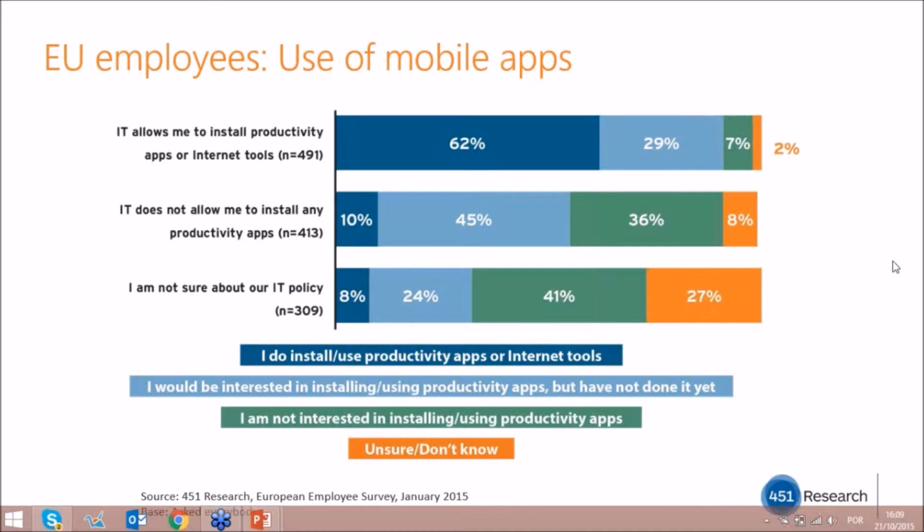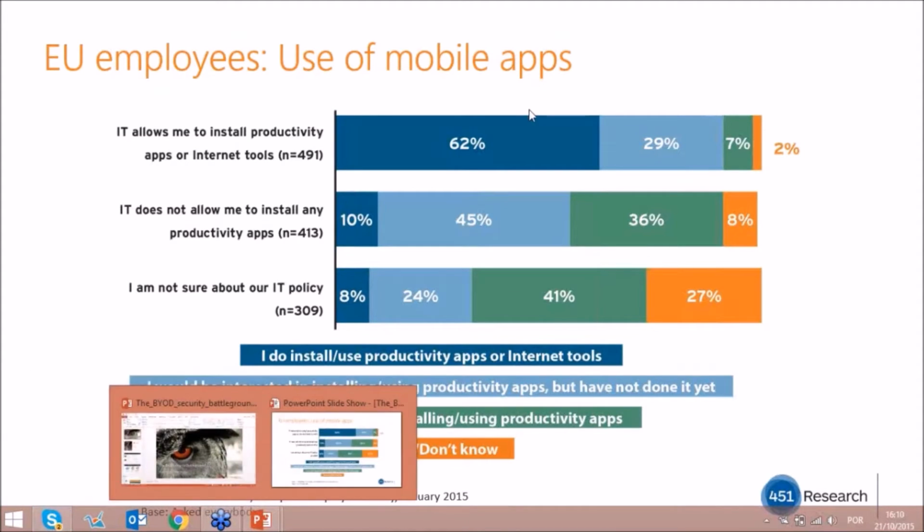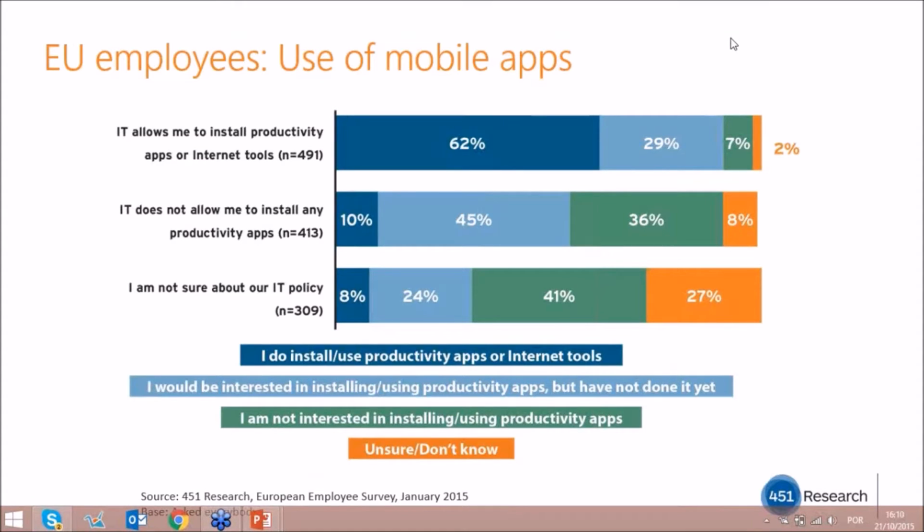And then you see pent up demand in light blue, where 45% of users want to use productivity applications, but can't because their company doesn't allow them to.